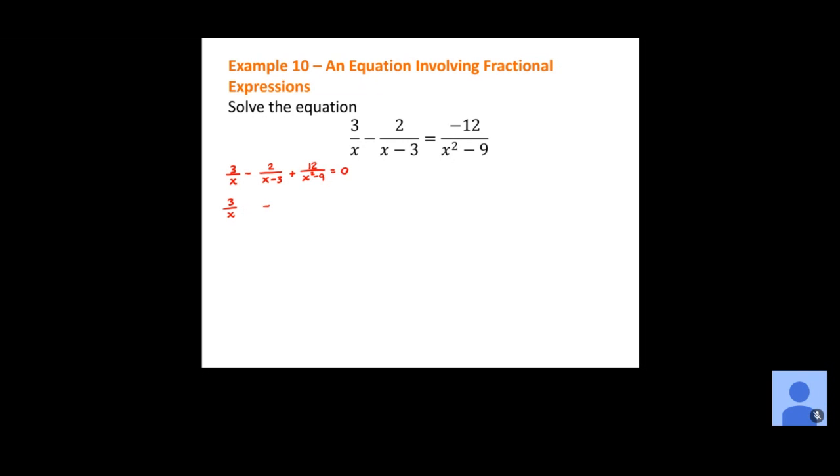I'm actually going to leave myself some space here so I can fill in those common factors. 2 over x minus 3. And then plus 12 over, this is a difference of squares now, so this is going to give us x minus 3 and x plus 3. And that's equal to 0.